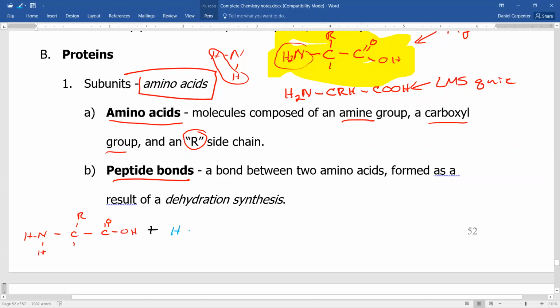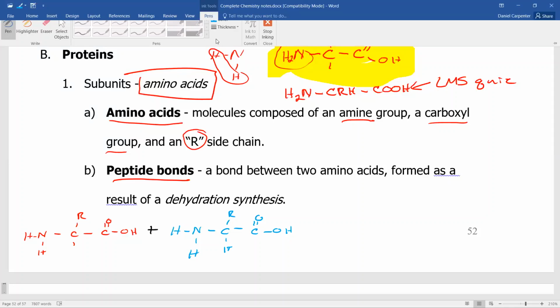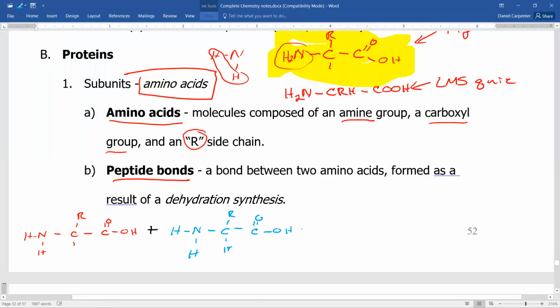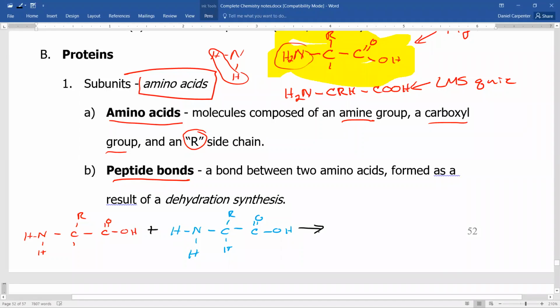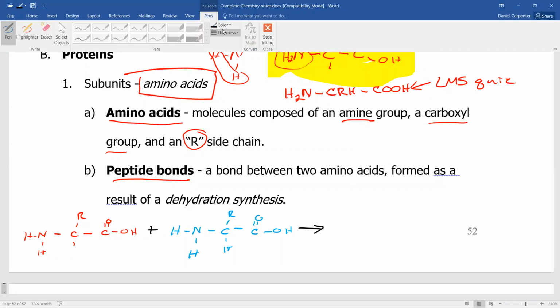So there's another amino acid, C, R, H, C, double bond O, O, H. So when those combine, they make, now this will take me a second, don't get too distracted.